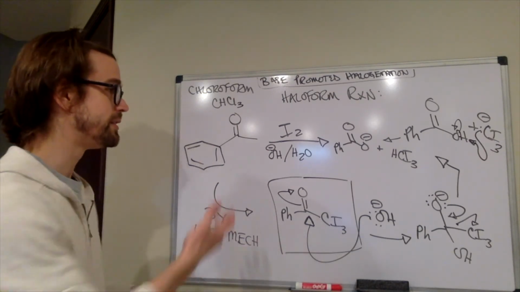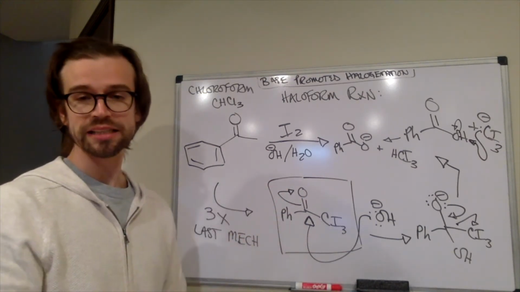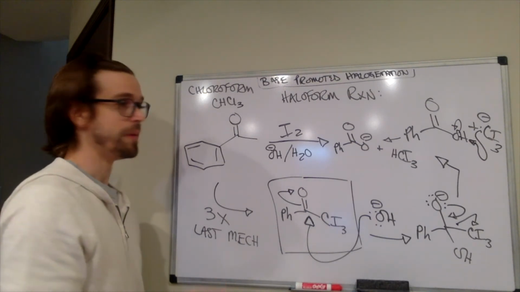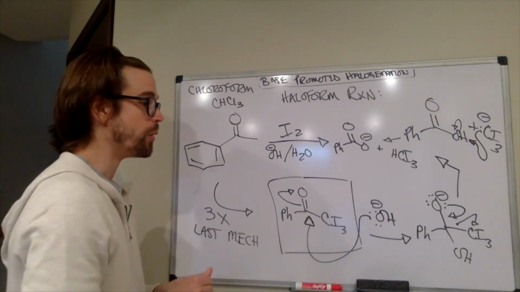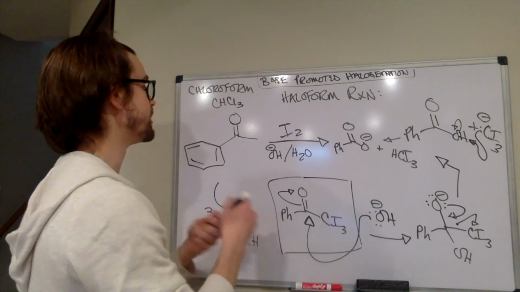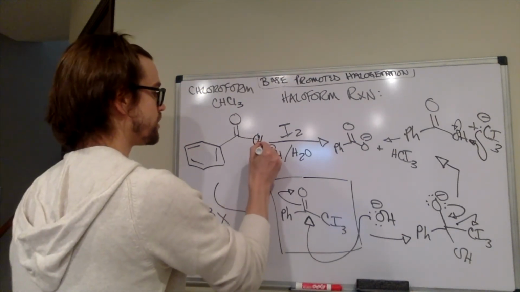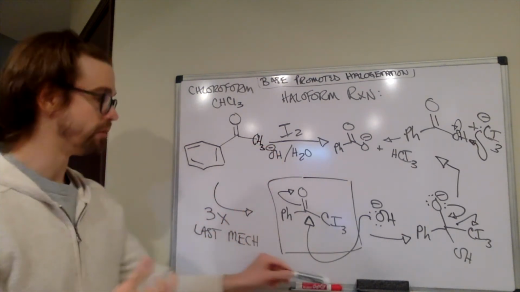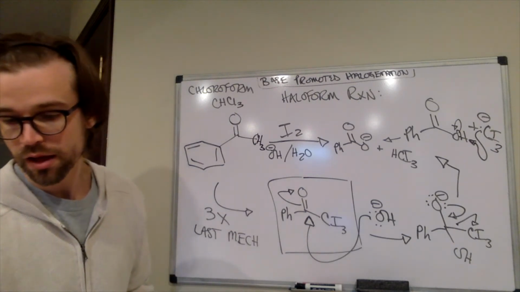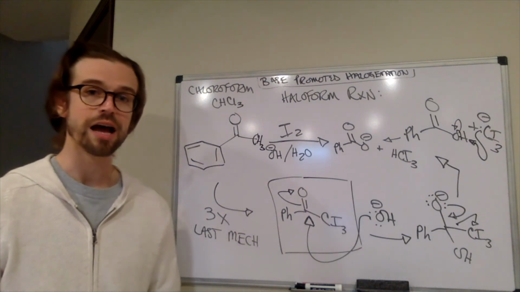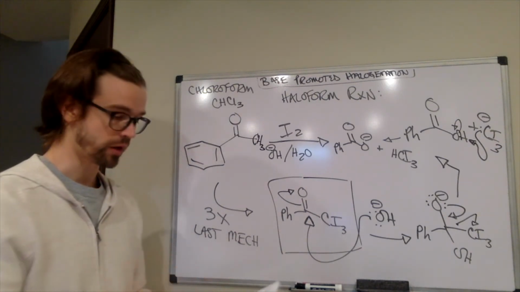So how is this different than what we just saw with the base-mediated conditions and the secondary alpha carbons? Well, we need to have 3 hydrogens, this is a CH3, for us to put 3 halogens on there. And until we get the 3, it's not a good enough leaving group for this to occur.